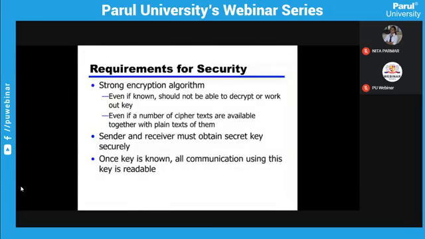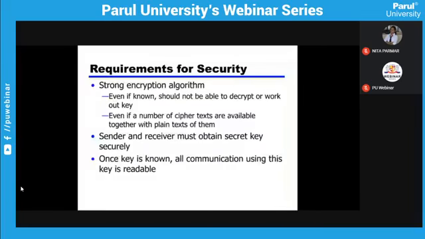If this algorithm is known to someone, despite knowing the algorithm, a hacker should not be able to decrypt the actual message. Means if the hacker does not have the key, then he should not be able to analyze what the message is. The algorithm needs to be so strong that without the key, the message cannot be known.